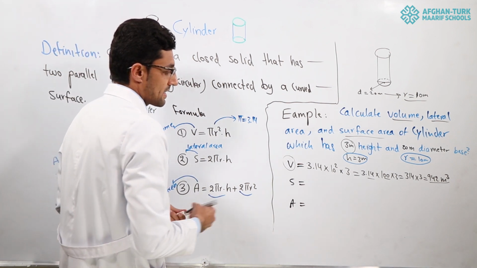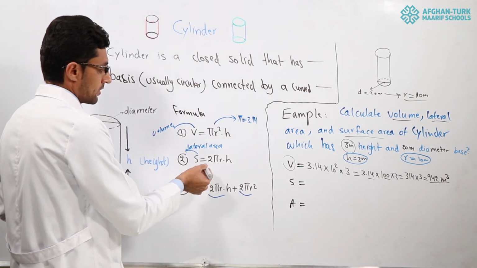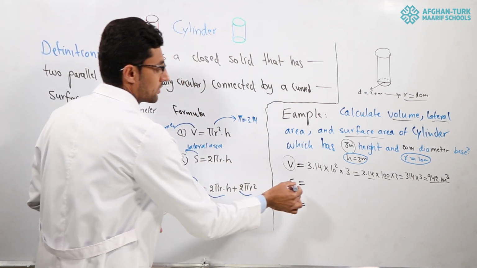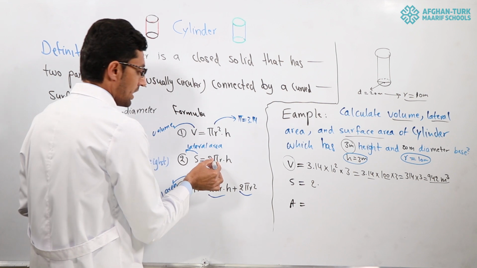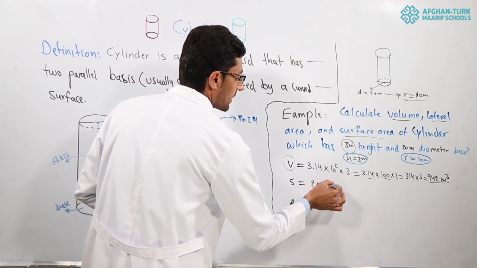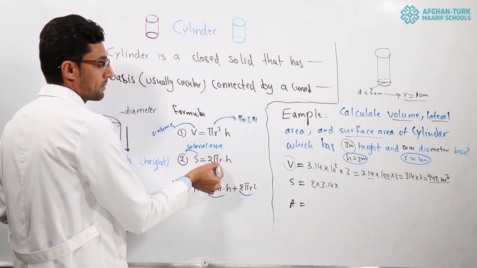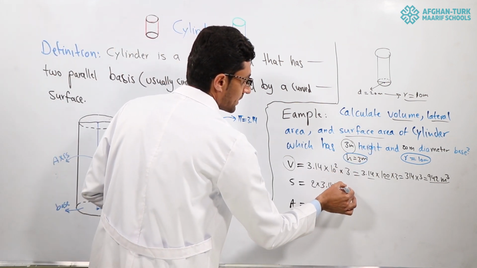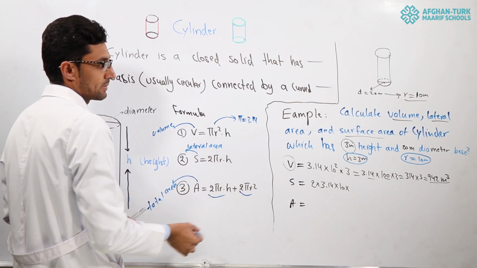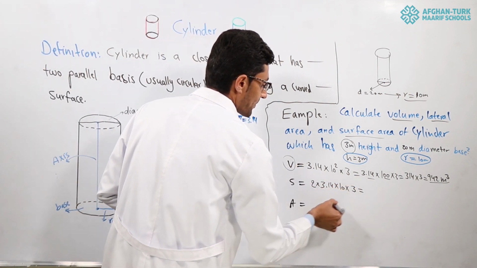So, S is equal to 2 pi r multiplied by h. 2 multiplied by 3.14 multiplied by r, which is 10, multiplied by h, which is 3.